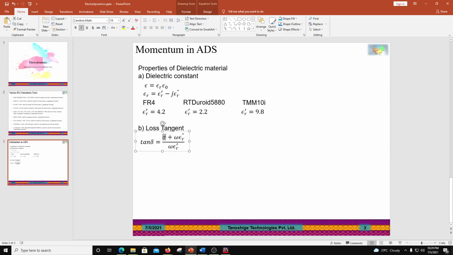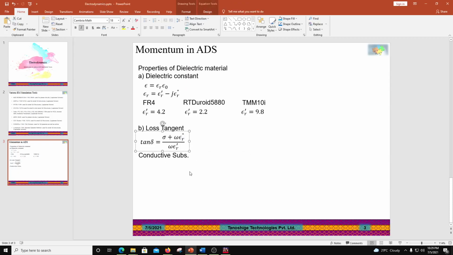So in case of conductive substrate, so I can write here conductive substrate like silicon germanium and silicon carbide. Okay, so in case of conductive substrates, sigma is dominant while omega epsilon double dash is not dominant.